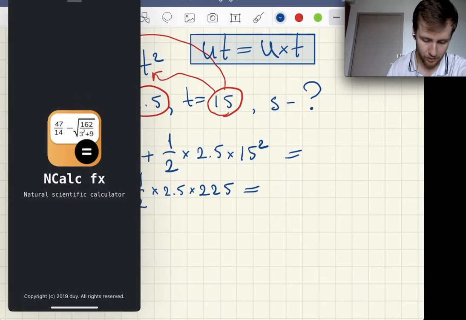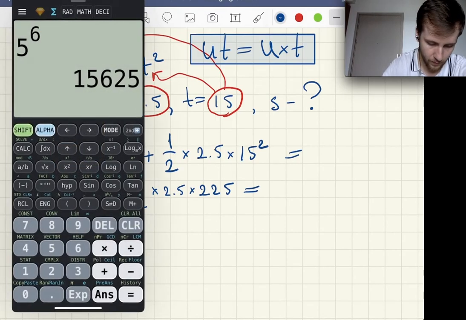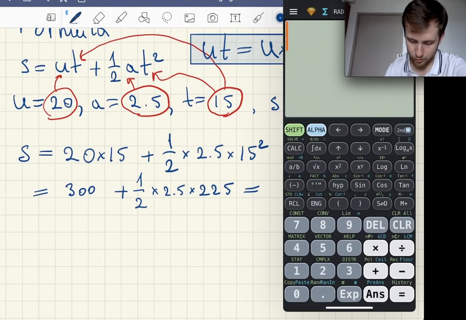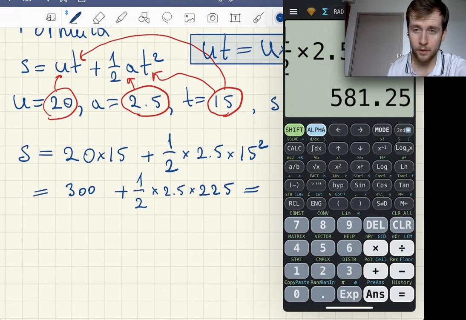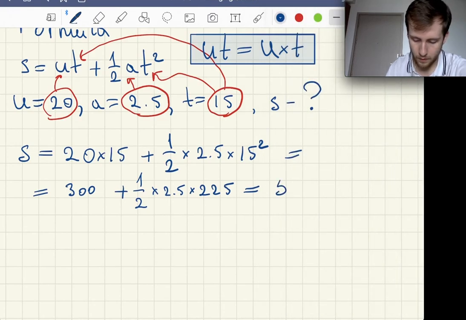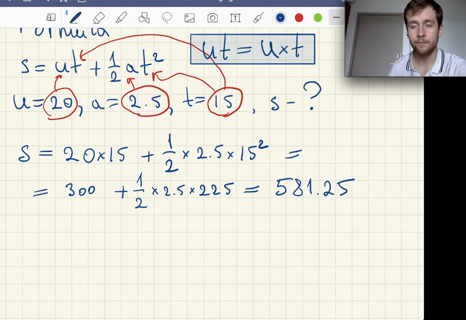Let me see my calculator. So we do 300 plus 1/2 times 2.5 times 225. And the answer is 581.25. All right.